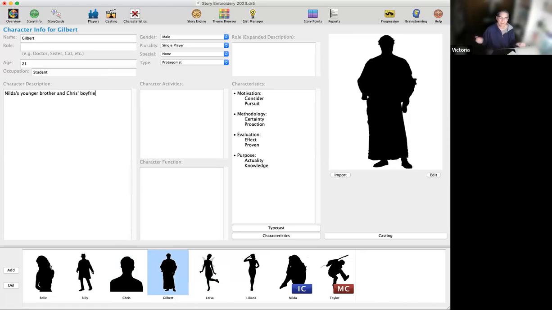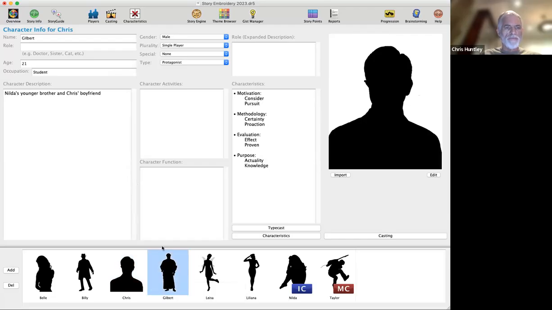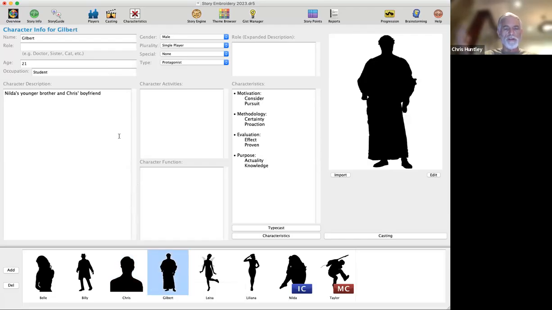They have a romantic relationship. Right. Got it. Gilbert and Chris. It's kind of hard. I'm twisting my head for Chris. It's like, wait, okay, they're boys. No. Chris is female. Got it. Not that that's a problem.